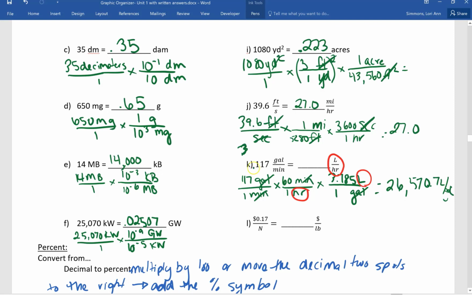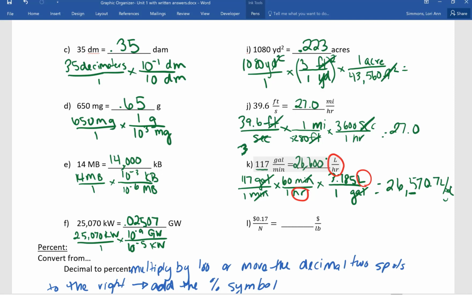All right, notice we have 3 significant digits. We need 3 here. So 1, 2, 3. This is the spot we need to round to. We have 26,000. The 7 is higher than or equal to 5, so we round this 5 up to a 6 and put zeros in for the rest. So 26,600 liters per hour is our answer for K.